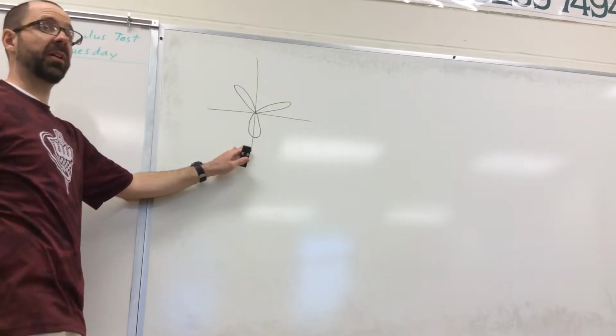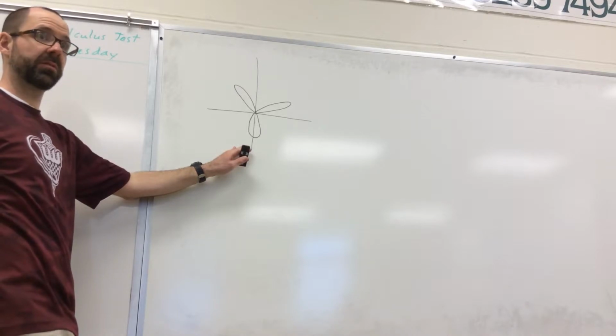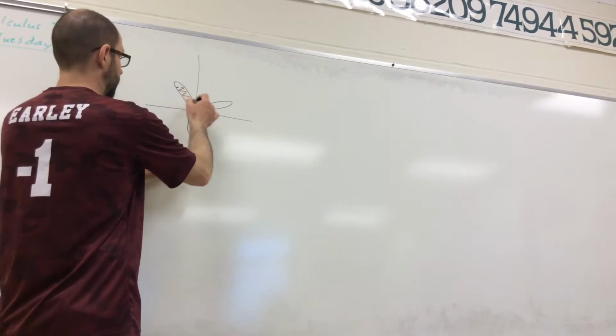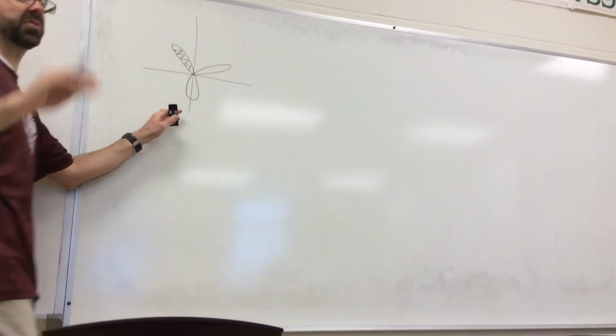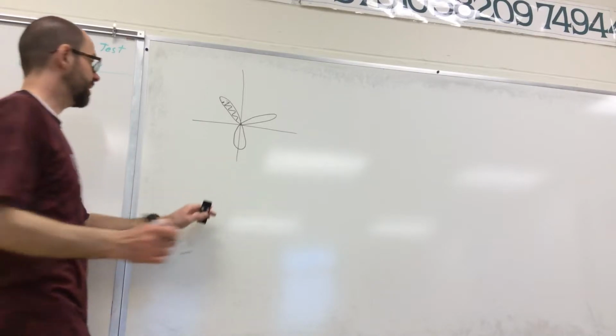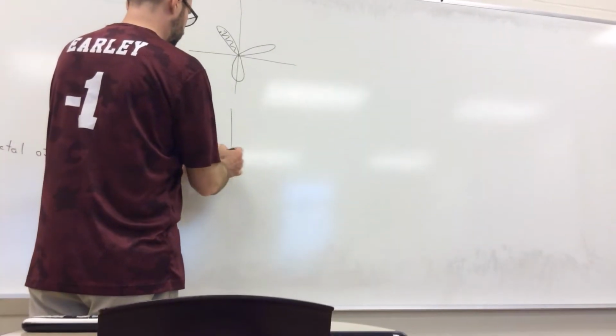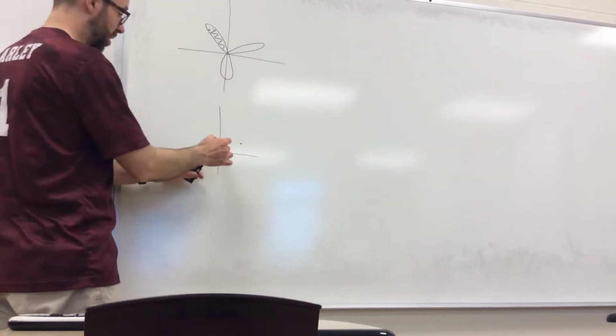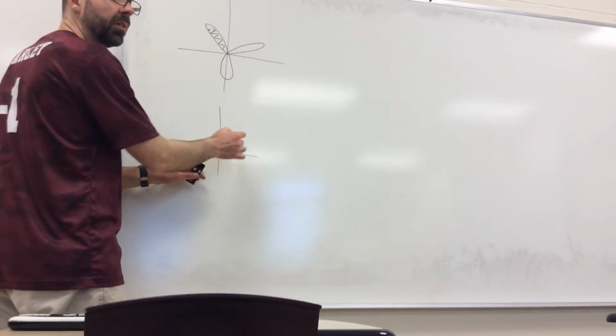So they want the area of just one petal. So just this area or this area. It doesn't matter. They're all symmetric. Okay, so here's the idea. At this point, the r is maybe 2.